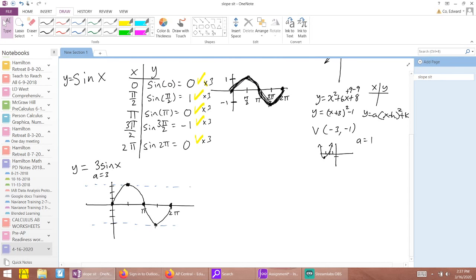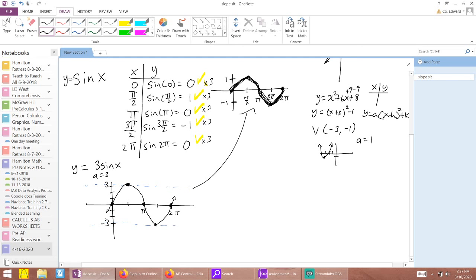And this graph keeps on going in both directions. It's very similar to our last graph, except since we multiplied everything by 3, it became a lot taller. So that's 3, that's negative 3.